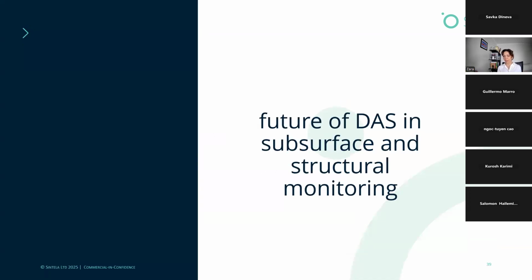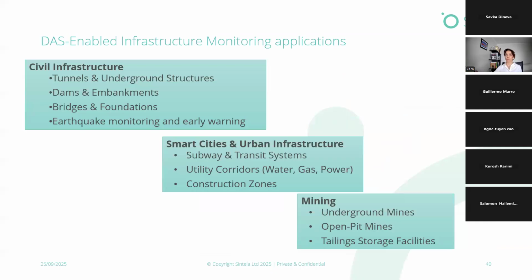So yeah, just ending with the future of DAS, looking at induced seismic monitoring applications for DAS. There are applications in civil for tunnels, underground structure monitoring, dams and embankments, bridges and foundations, and earthquake monitoring and early warning.